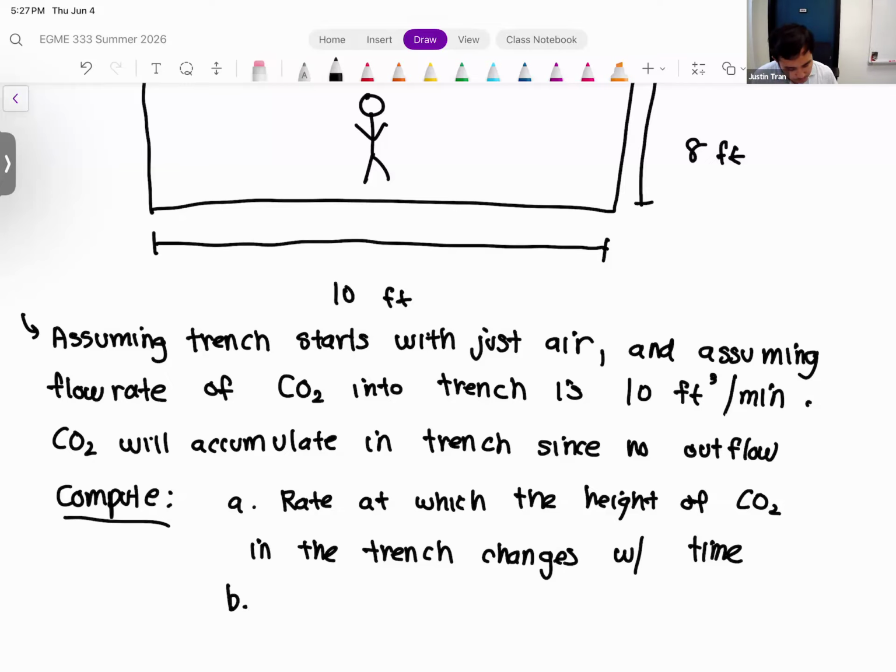All right, and then for part B, let's compute based on our answer for part A. In part B, we're going to compute the time it would take for the height of the CO2 to reach 6 feet, which is the approximate height, or average height, of a typical worker.